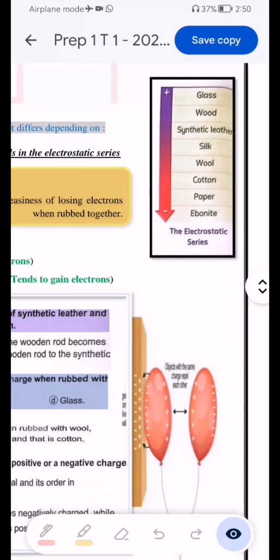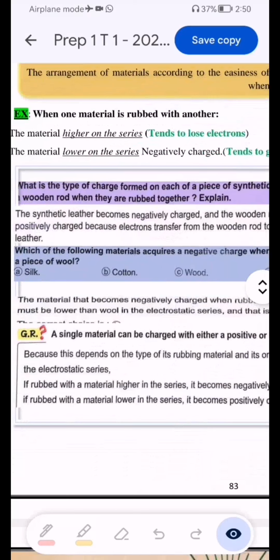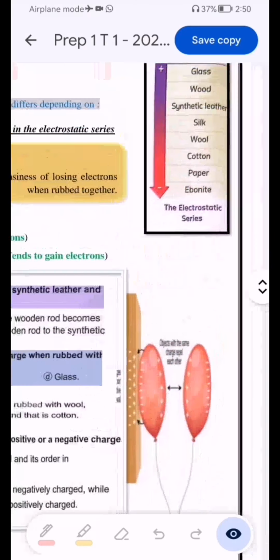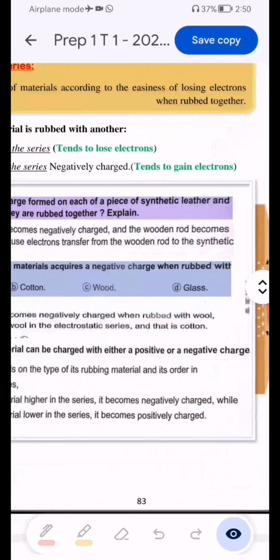So when rubbed together, silk will lose electrons and become positive, not negative. So it's false. Number two, cotton. Look at the series. Wool is higher than cotton. So when the wool is rubbed with cotton, it will lose electrons and become positive, and the cotton becomes what? Negative. So it's a true choice.